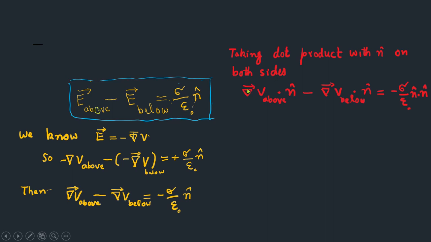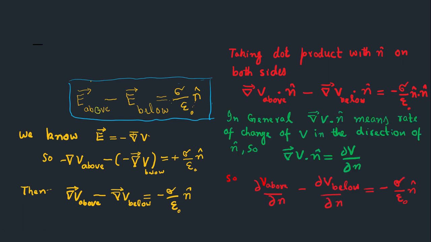What is meant by del V above dot n cap? Because gradient of V means change of potential in the maximal direction, and if we take the projection of this vector onto n cap, it means the change of V in the direction of n, and we can write this del V dot n is equal to curly V over curly n, meaning the rate of change of V in the direction of n.